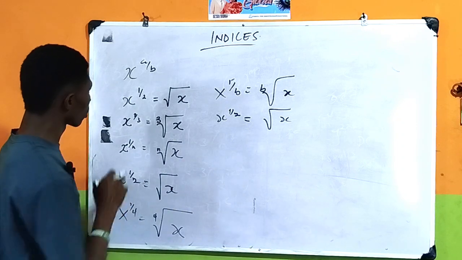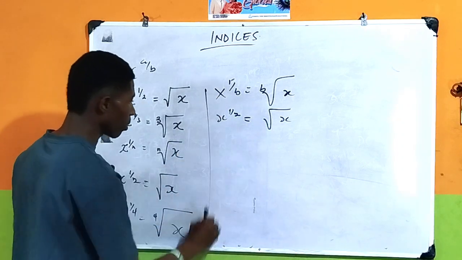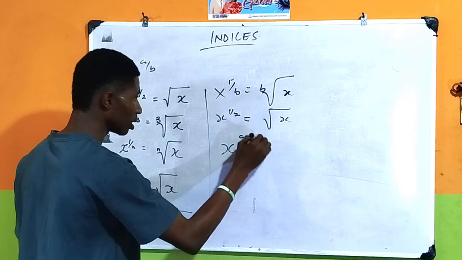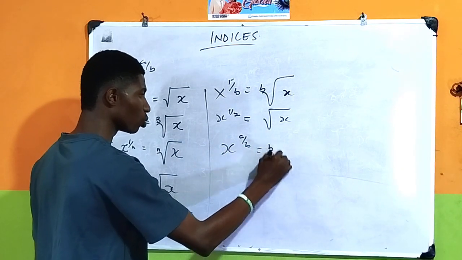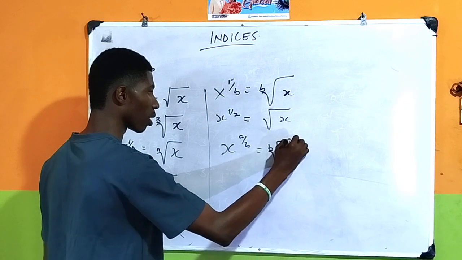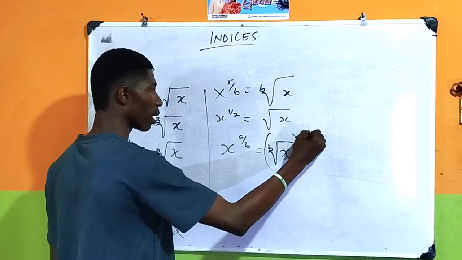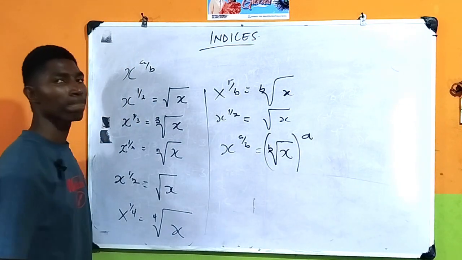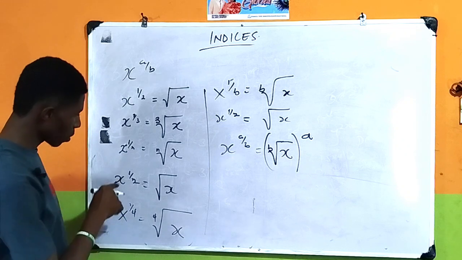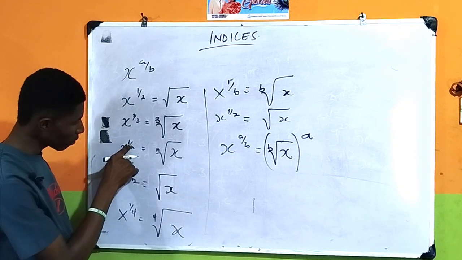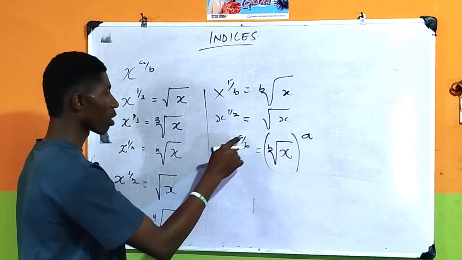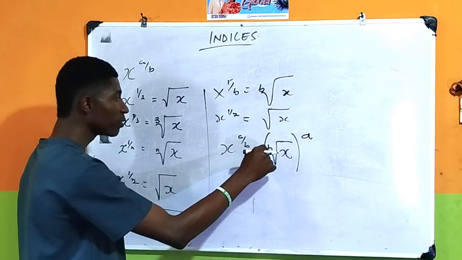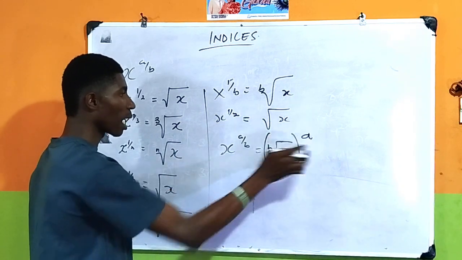Now, let's take this: x power a over b is the same as writing the bth root of x, all power a. Recall x power 1 over n is equal to the nth root of x. So x power a over b means the bth root of x, all power a.